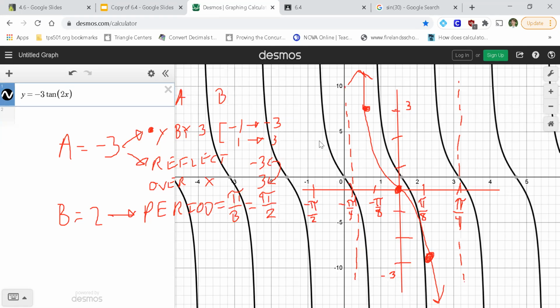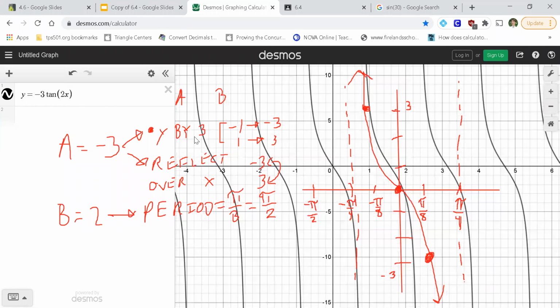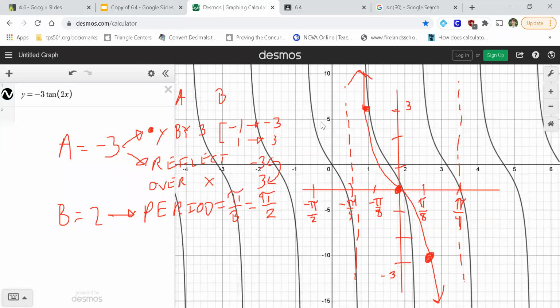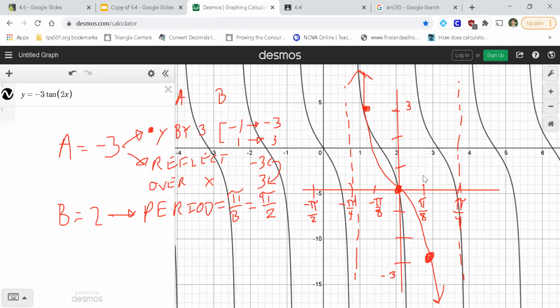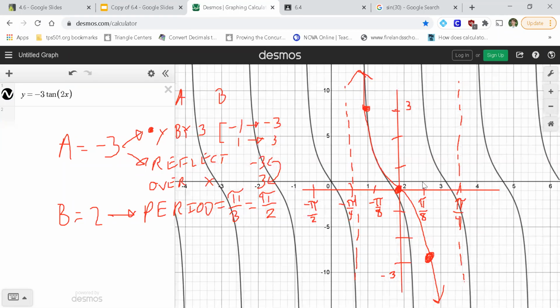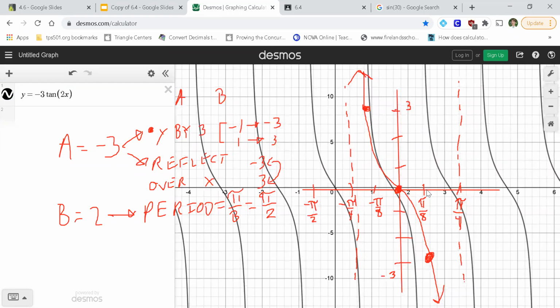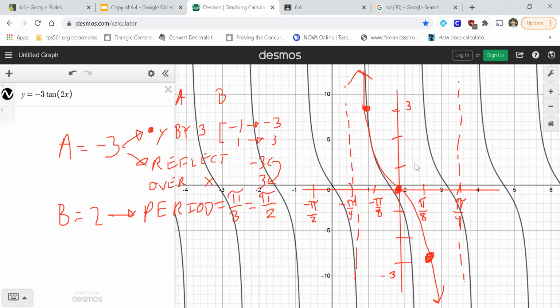So if I graph this in Desmos as -3 tangent of 2x, I could use that to find my intercepts and to check my graph. So yes, this has an intercept of (0, 0), and so did mine. What will be a little bit of a pain is it's not as easy to check the rest of your points.